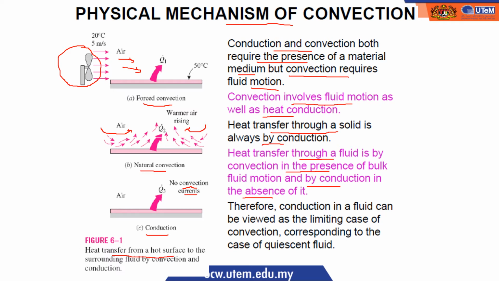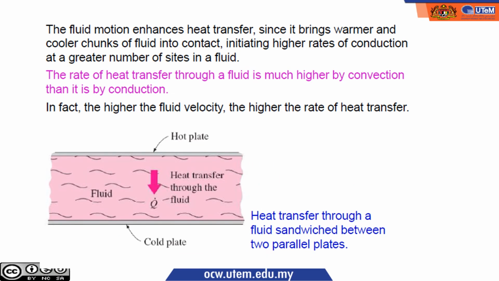Okay, therefore conduction in a fluid can be viewed as a limiting case of convection corresponding to the case of quiescent fluid. The fluid motion enhances heat transfer. So the greater the fluid motion, the bigger the heat transfer.